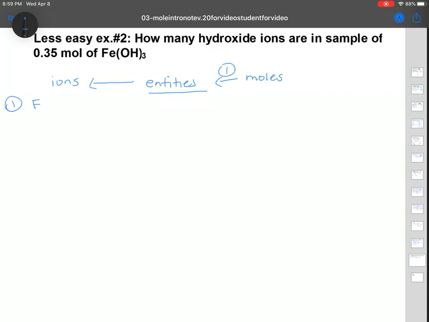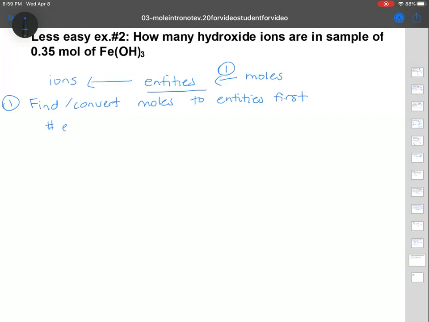So we have to convert moles to entities first. And so again, whether you like the formula or you like the triangle, it doesn't matter.